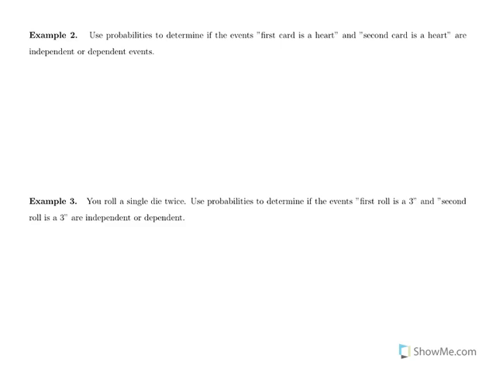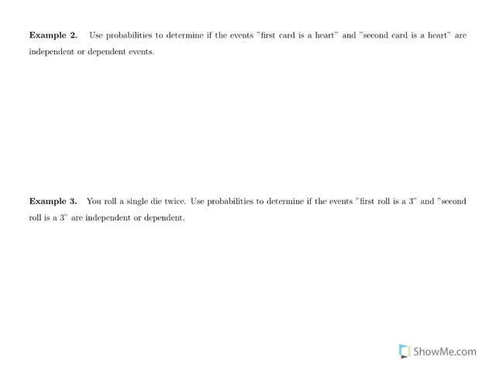So let's look at an example that we did in the previous video. Looking at the events, the first card is a heart, and the second card is a heart when we draw two cards from a deck of cards. Are these independent or dependent events?